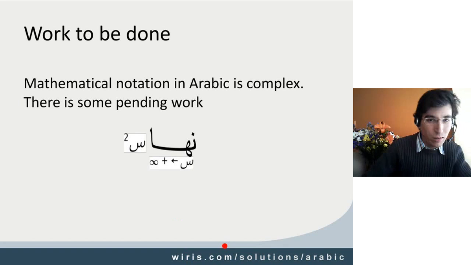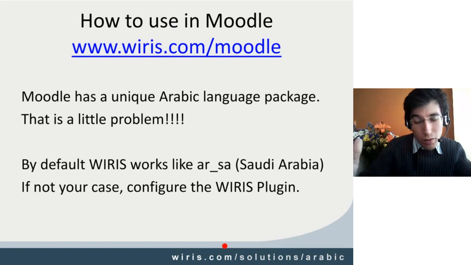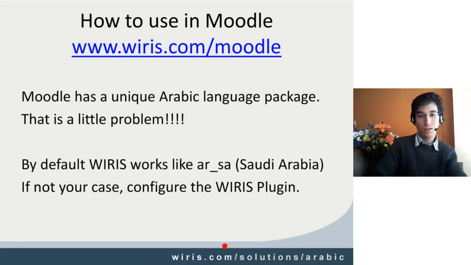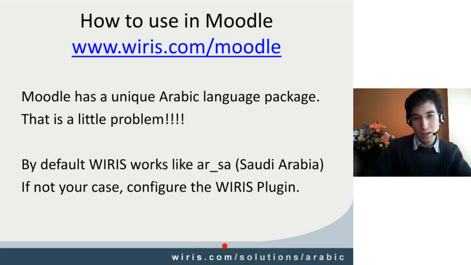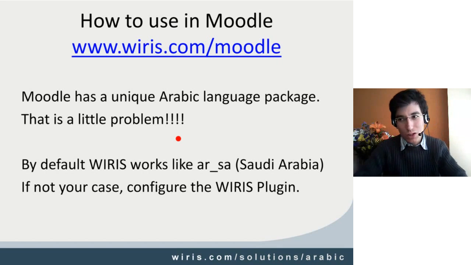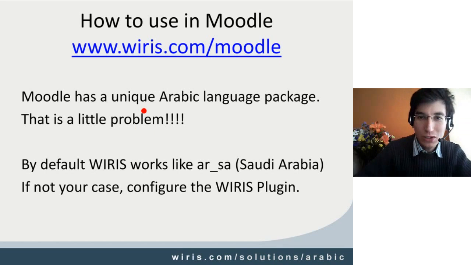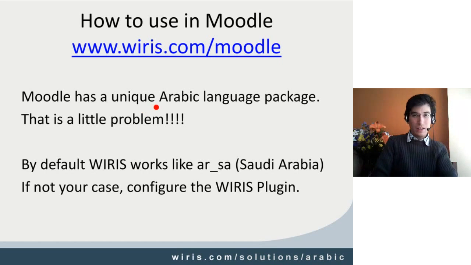Good. Something about Moodle. Just before this iMoot, we started talking with Martin about Arabic languages in Moodle. Moodle has only one Arabic language package. And of course, that's a little problem for us in the sense that normally WIRIS is able to read the Moodle language setting, right?